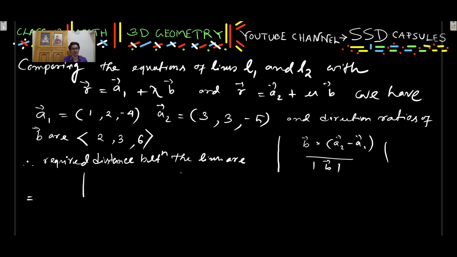So we take the determinant with i, j, k cap. The components of B vector are 2, 3, 6.